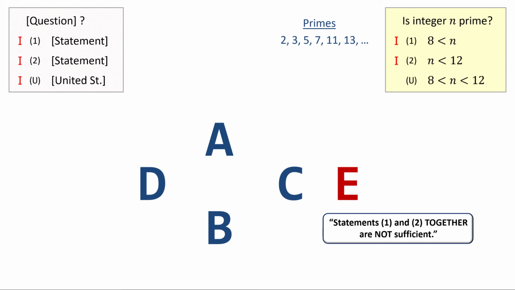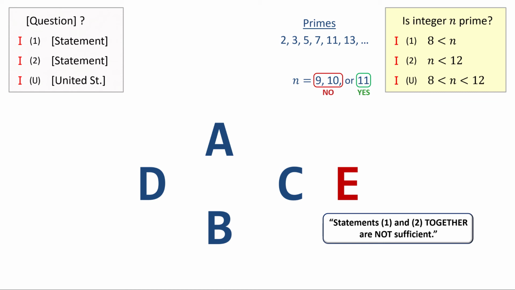In other words, n equals 9, 10, or 11. If n is 11, it's prime, but if n is 9 or 10, it's not prime. So we still don't know whether the answer to our question is yes or no. Thus, our united statement is insufficient.